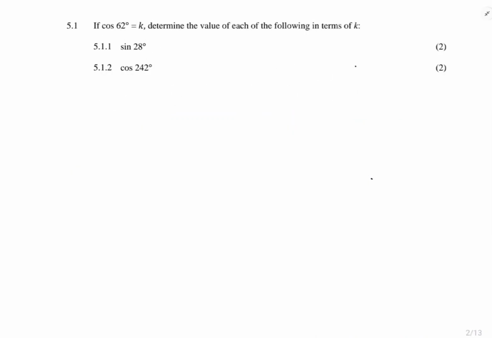So if we are given something like this, as I said on the previous video, if you have cos 62 degrees equals k, we can write that value as k out of 1. And we know that our cos function is adjacent out of hypotenuse. So in this case our adjacent is going to be k and our hypotenuse is going to be 1.